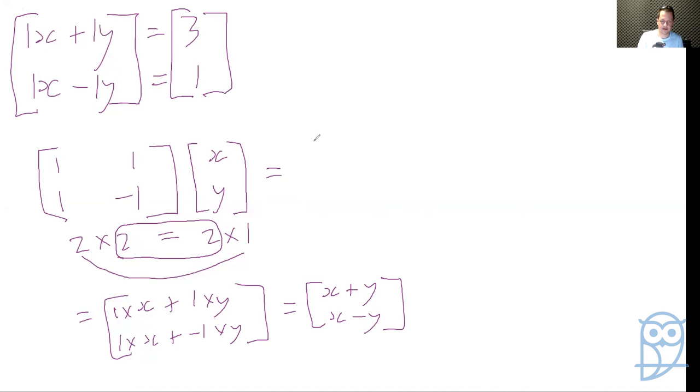So this can actually be decomposed into a variables vector, or matrix, being a single matrix is a vector, and then your coefficient matrix.